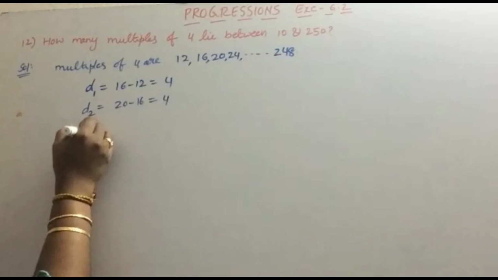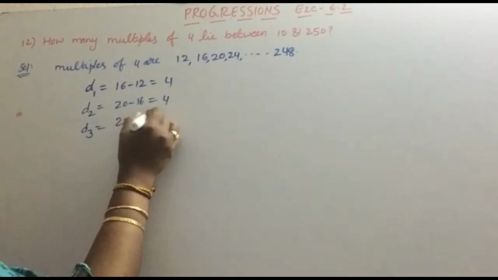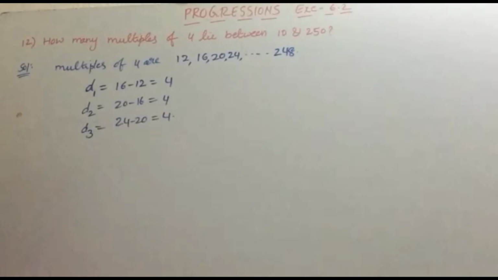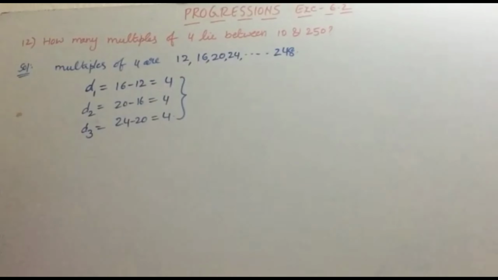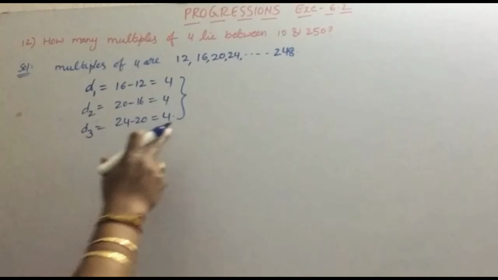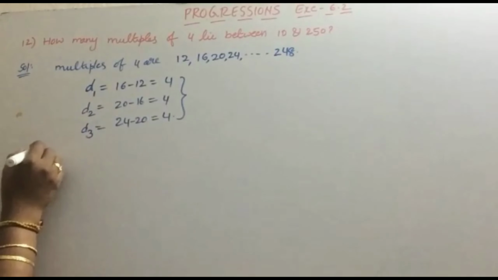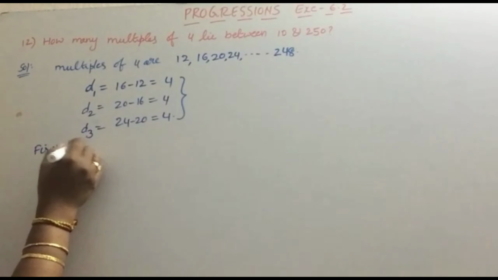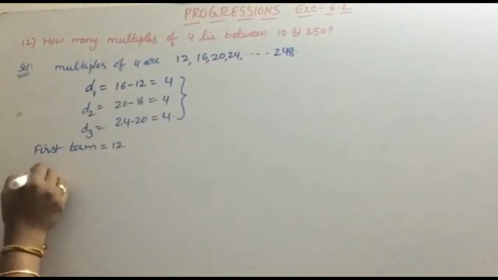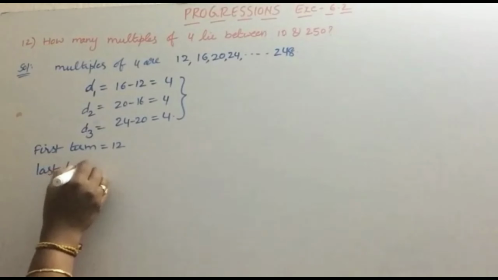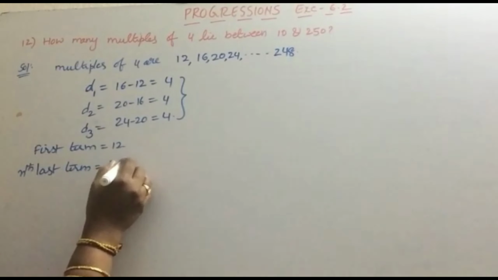And 24 minus 20 is also 4. So these terms are in AP. The common difference is 4. The first term is equal to 12 and the last term, that is the nth term, is equal to 248.